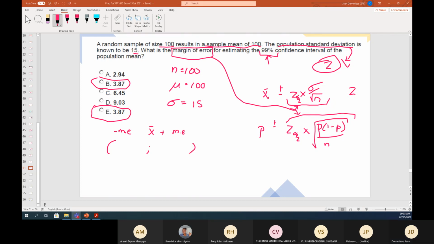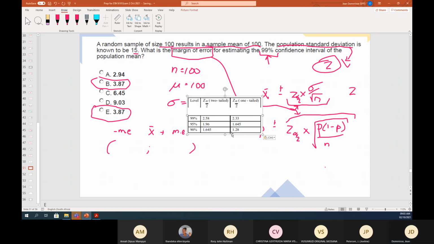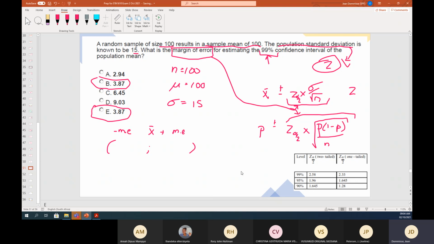For a confidence interval of 99%, yes, this one. Let me copy that in because this is a cool one to be used.